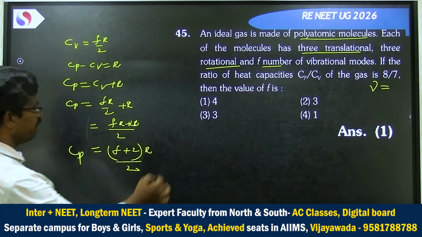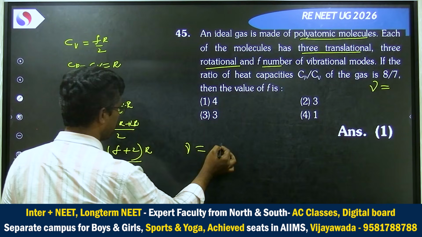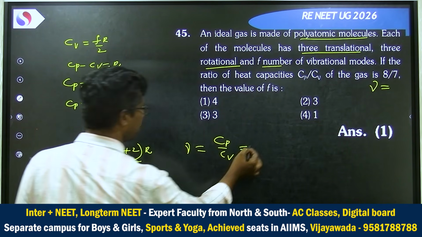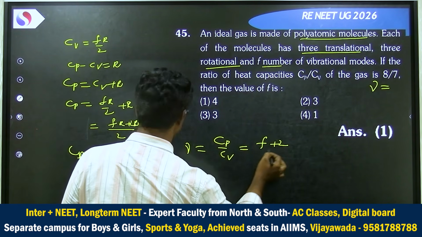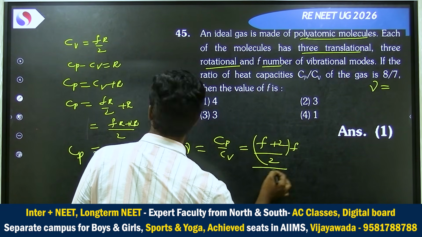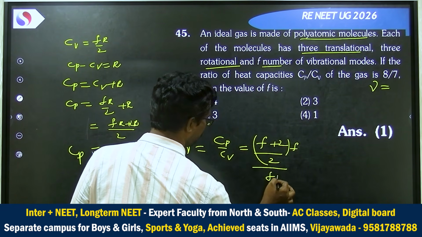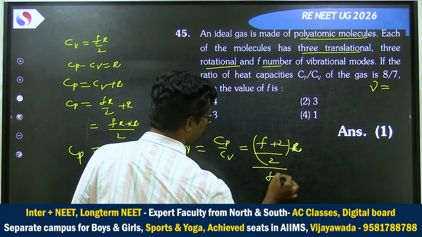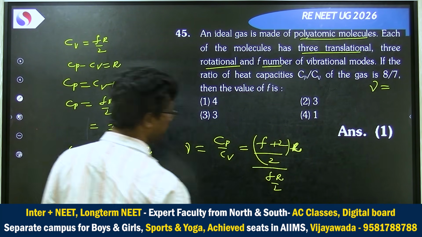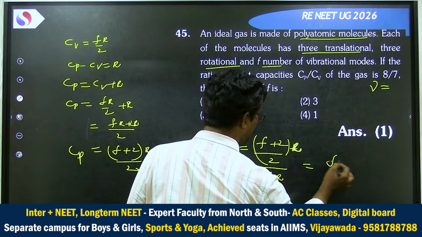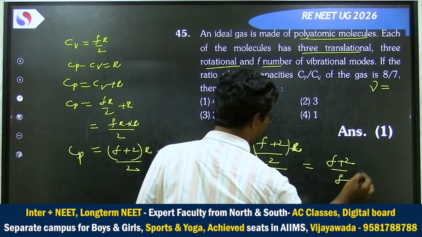Here gamma is equal to Cp by Cv, which is f plus 2 by 2 times R divided by fR by 2. R by 2 is cancelled out, leaving f plus 2 by f.